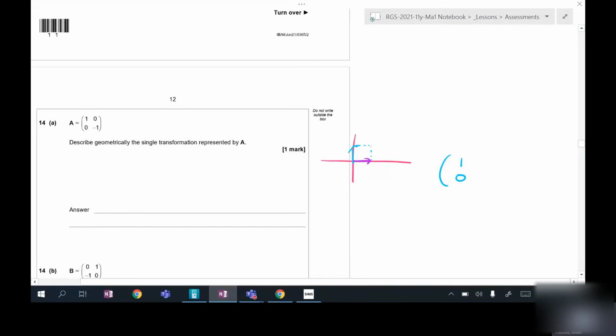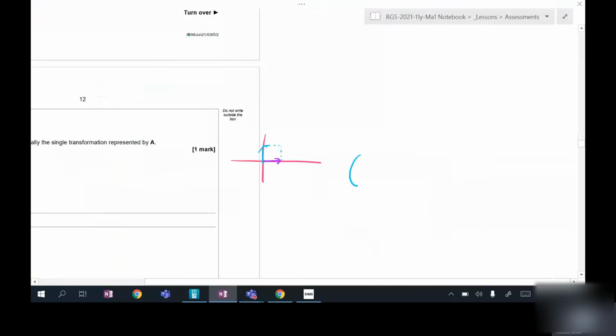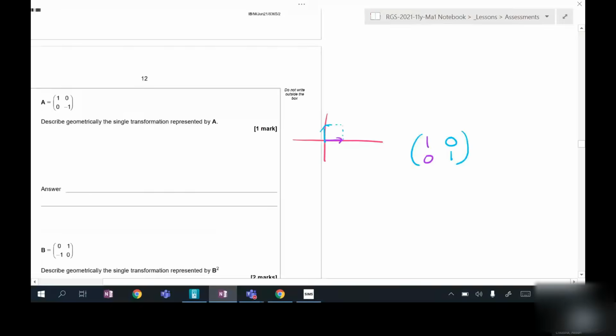So that's our, let's do the right colours. So 1, 0 represents our unit vector on the x-axis. And then 0, 1 represents our unit vector on the y-axis.